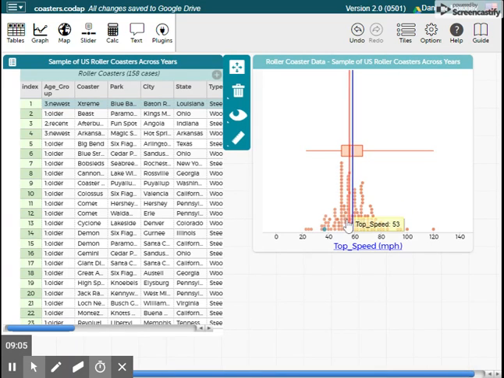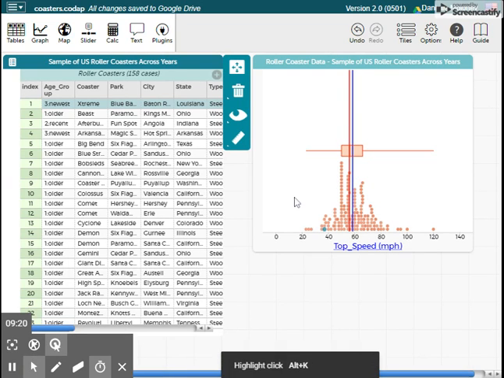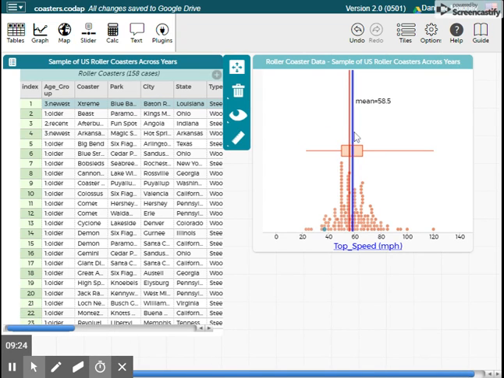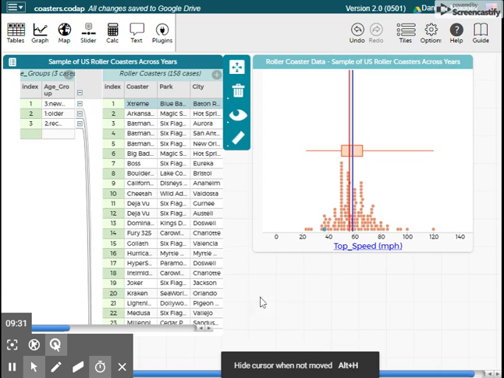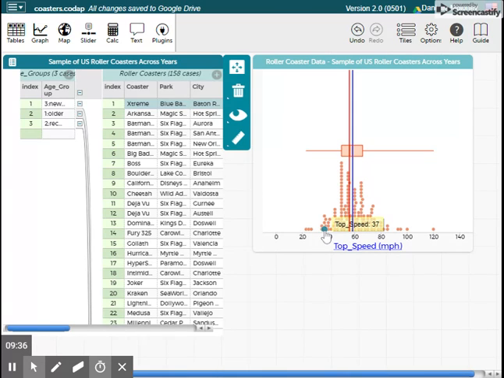And so while we might notice that it doesn't really match the claims that it's close to the mean and median of about 60 miles per hour, or between 56 and 59, now that we included our older coasters as well, it doesn't really fit within that top speed. However, we're not going to change our claims because it is still within that data set, and we obviously are recognizing that there's variability within this data set.